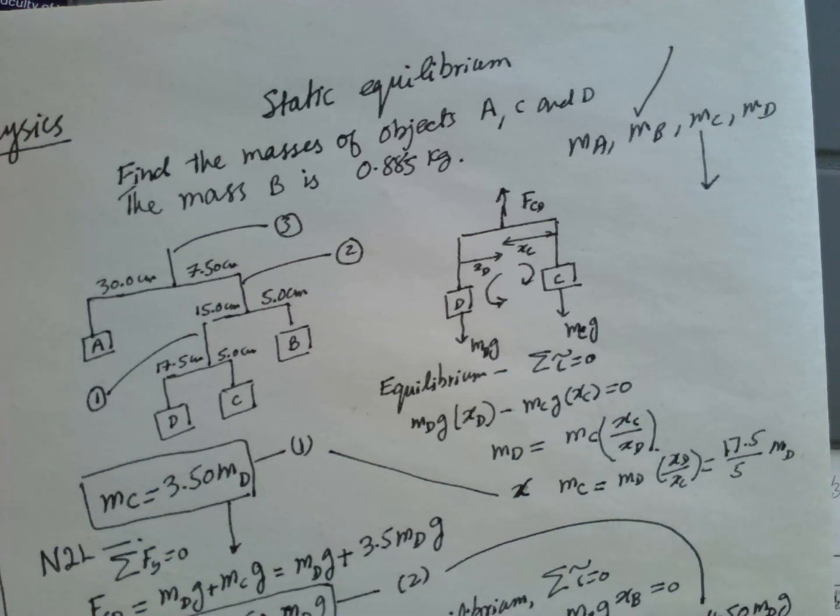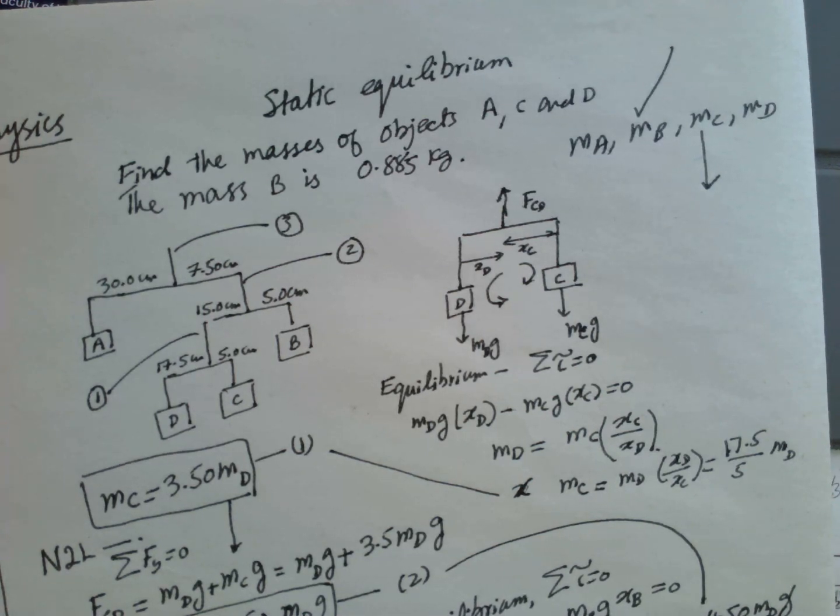So we can find MD, where G cancels. MD is equal to MB XB over XCD divided by 4.50. If we substitute the values, we find M of D is equal to 0.0655, or 6.56 times 10 to the power minus 2 kg.